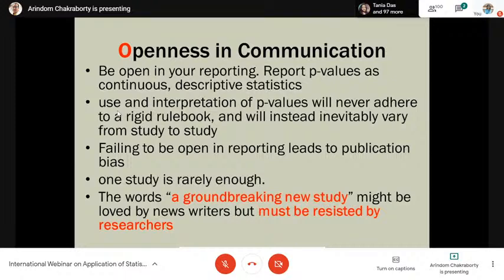They shouldn't flow with this sort of thing. Whenever we are claiming something, it has to be substantiated by research, not only one study but multiple studies. In this regard, I can point out the vaccine trial that has been going on in Oxford.